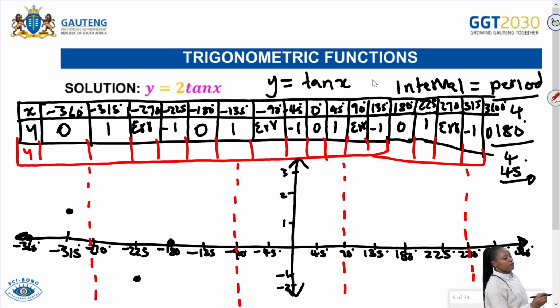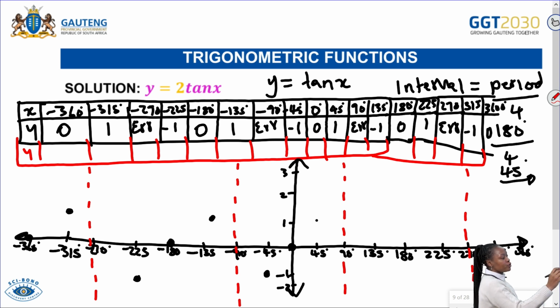At negative 135, it's going to be somewhere here at 1. I think it's going to be a little bit down. And then at negative 90, obviously that's your asymptote. At negative 45, I'll have negative 1. And then at 0, I'll have a 0.